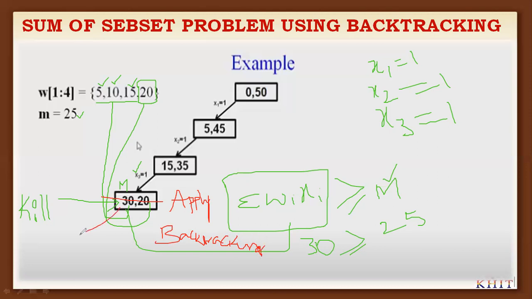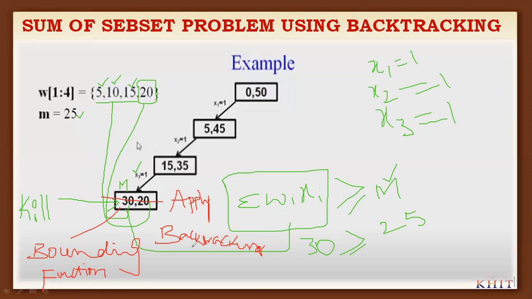Here this path is considered as the bounding function. The bounding function is 25, but it has been exceeded. Hence the bounding function was exceeded, so ignore the node and kill the node.